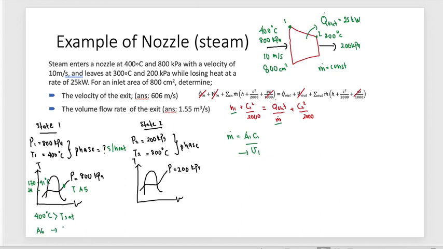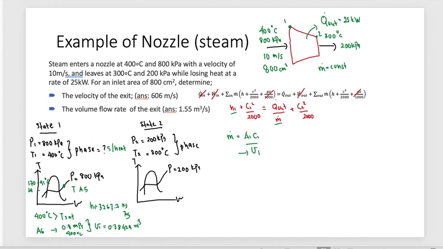If the phase is superheated, then I have to refer to table A6. From A6, I refer to 0.8 megapascal and 400 degrees Celsius of temperature, and I get H1 as 3267.7 kilojoule per kg, and V1 is 0.38429.